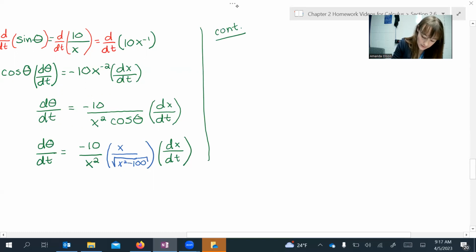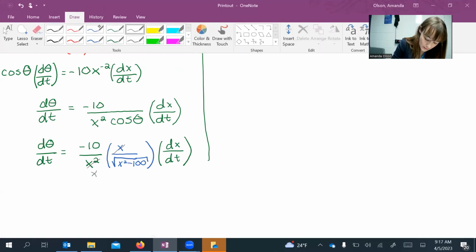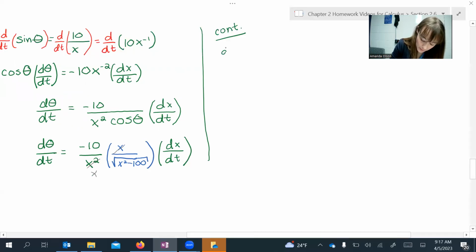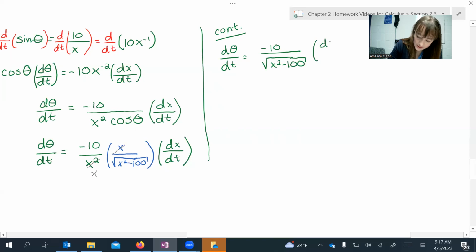All right, so then some things cancel. Of course, we have an x that cancels. So I'm left with, on my right-hand side, d theta dt is equal to -10 over the square root of x squared minus 100 times dx dt.